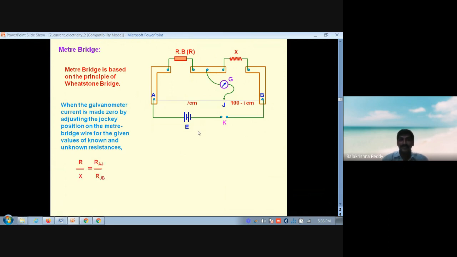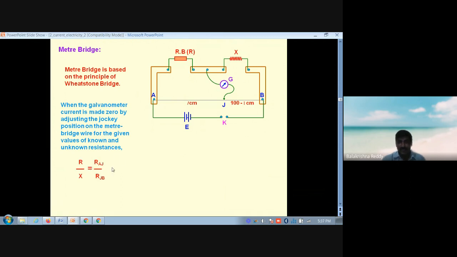You can see, as I said, the formula of the Wheatstone bridge is P by Q equal to R by S. R is the resistance taken from the resistance box. Let us say this is P as per the Wheatstone bridge, by X. P by Q we have taken there in the Wheatstone bridge.